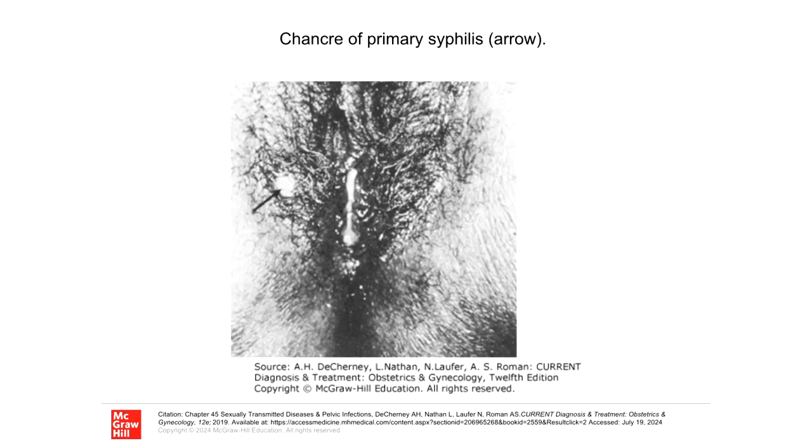The other main manifestation in external genitalia is going to be the formation of a chancre, and this is mainly caused by syphilis. Here you're seeing in primary syphilis, indicated with the black arrow, what a chancre lesion looks like.